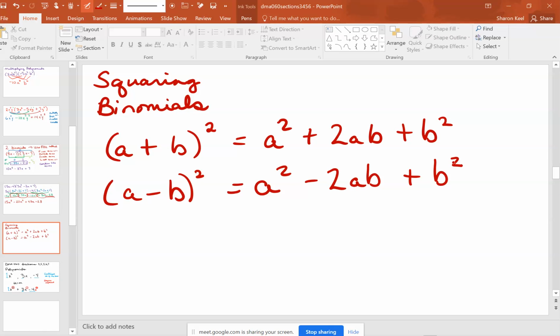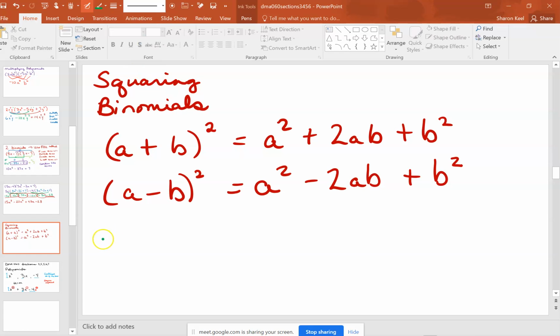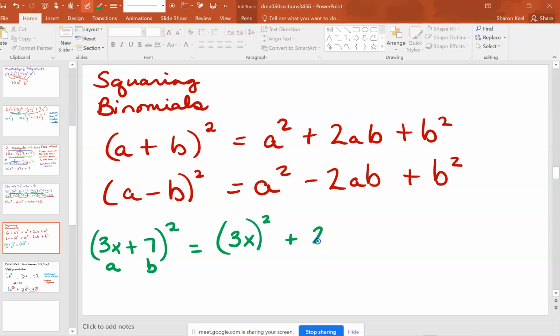Let me give you an example of how you could do this. So here, let me do it in a different color. This is just an example. If I had, let's say, 3x plus 7, and I wanted to square it. This is the a, this is the b. So if I took a and squared it, I would take 3x and I would square it. For the middle, I would do plus 2.